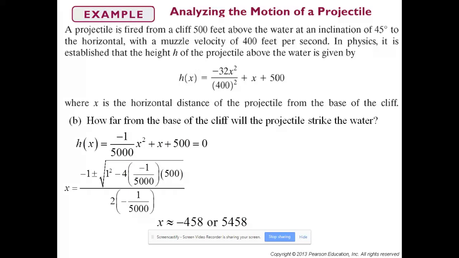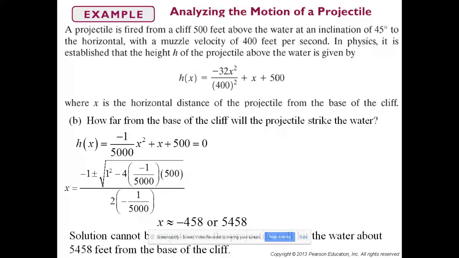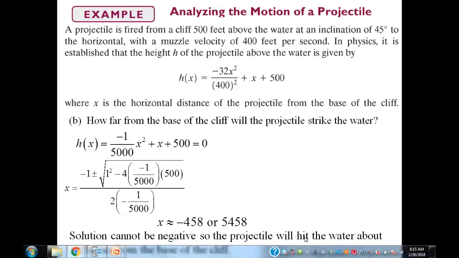Because no negative distances, right? The negative here implies that the shot went backwards from where we started. And we know that's not what happened. We know it went out to the water. So 5,458 is where we go from there.